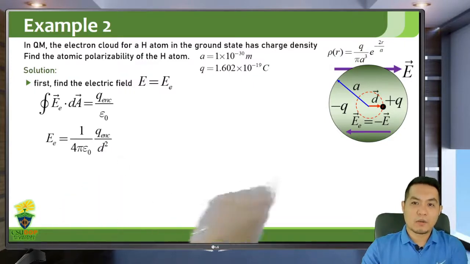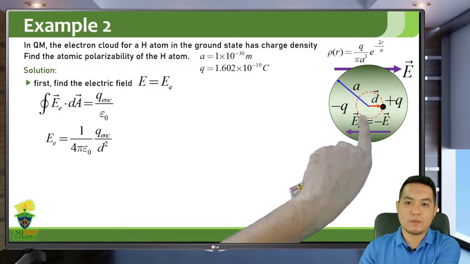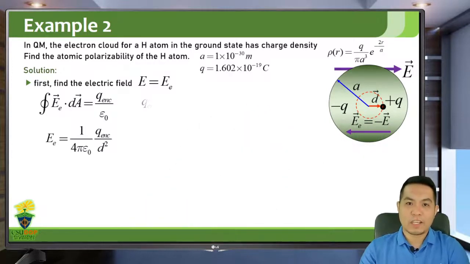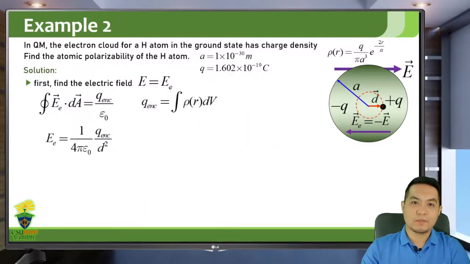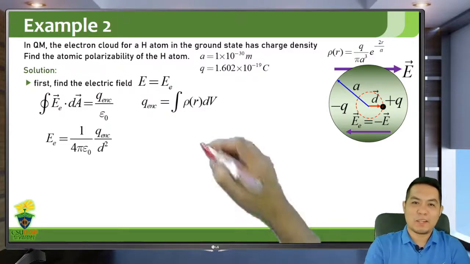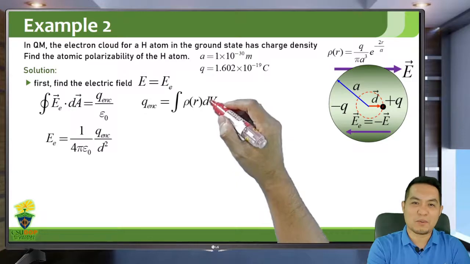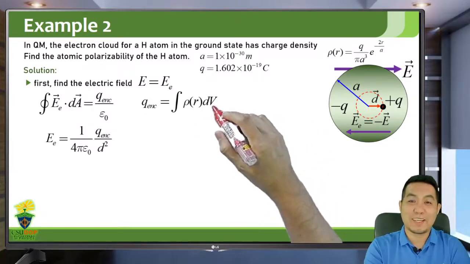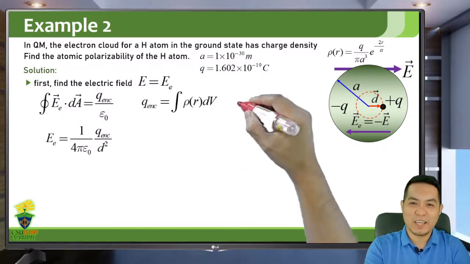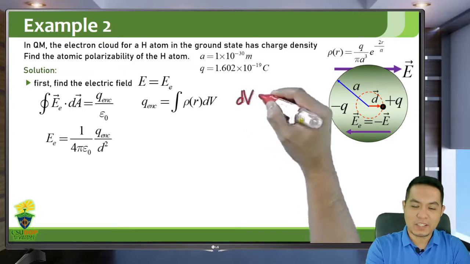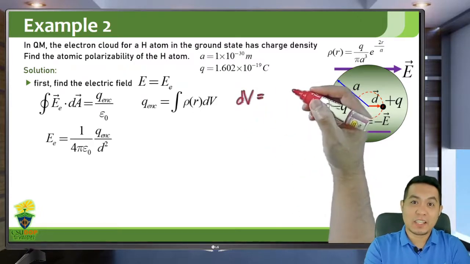The charge enclosed by this surface is just rho times dV. Sorry, I forgot to change our notation, we should use tau, but the V here is not potential but volume. dV in this case is r squared sine theta dr d theta d phi.